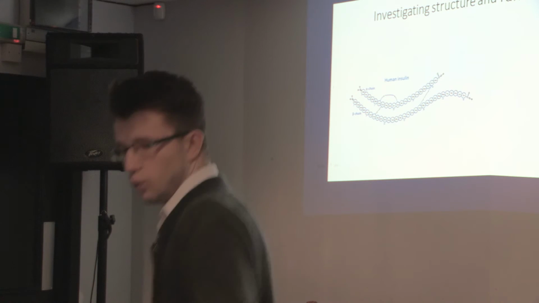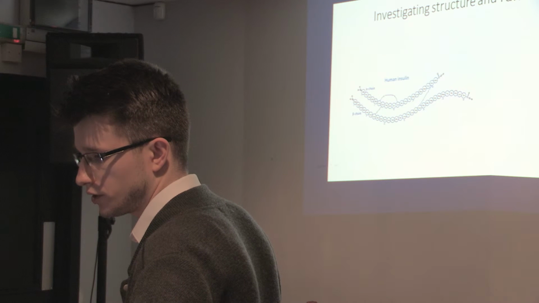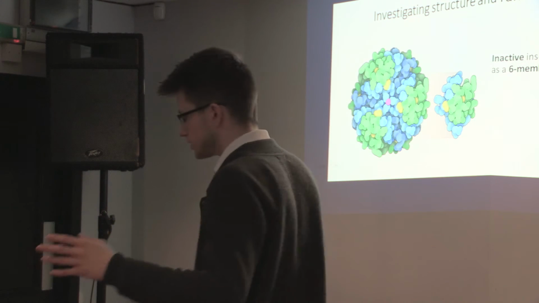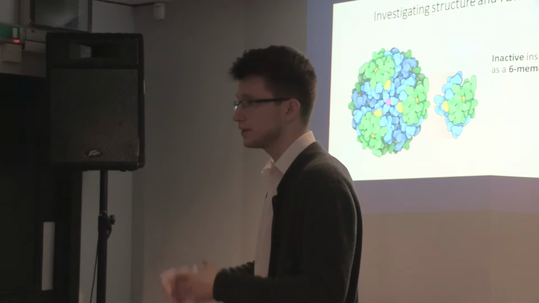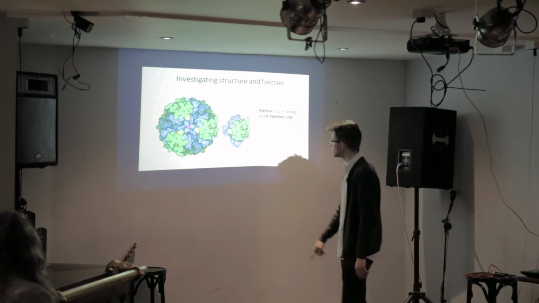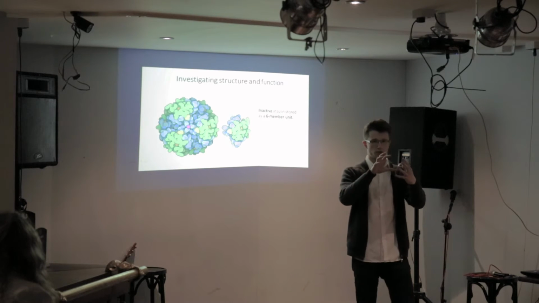So from the structure of insulin, when it was solved using crystallographic methods, insulin in the pancreas is formed, and in its storage form, the pancreas forms it as a 6-membered unit. So you have a 1-membered unit, and a 6-membered unit. They collapse onto each other.